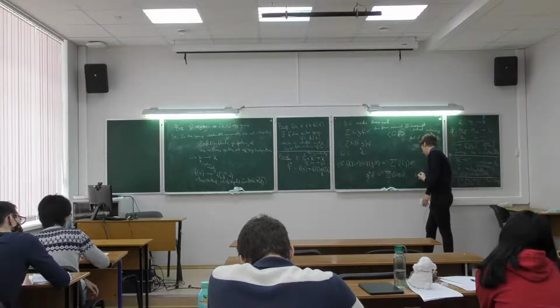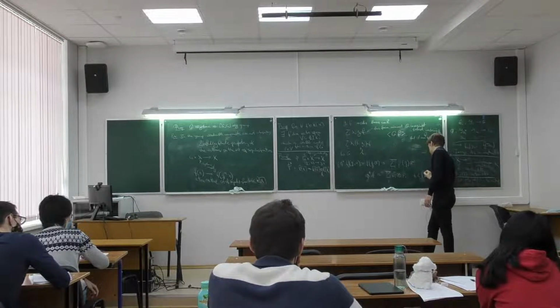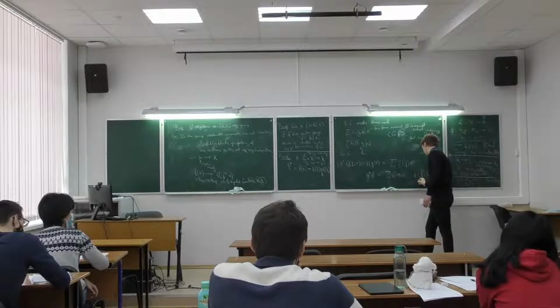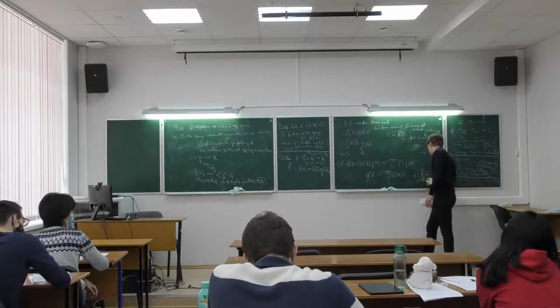So phi_i belongs to k[G], and psi_i belongs to k[X].